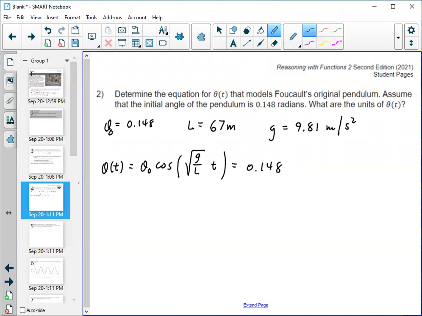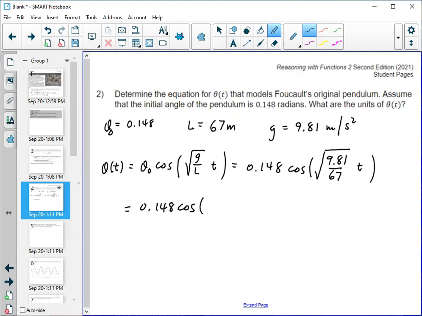we'll put in the 0.148, and then we have cosine square root 9.81 over 67. That's all in the radical. And then we have t outside the radical.